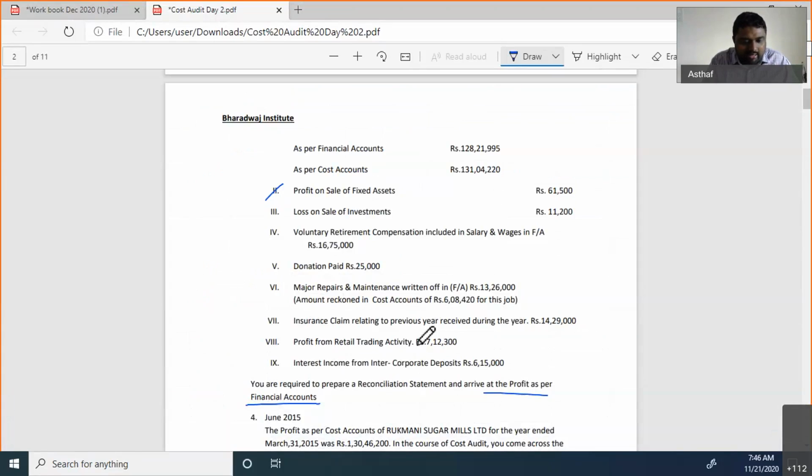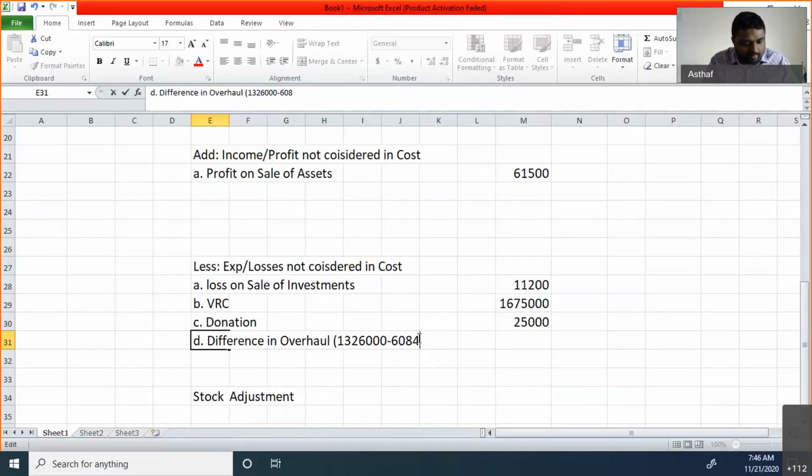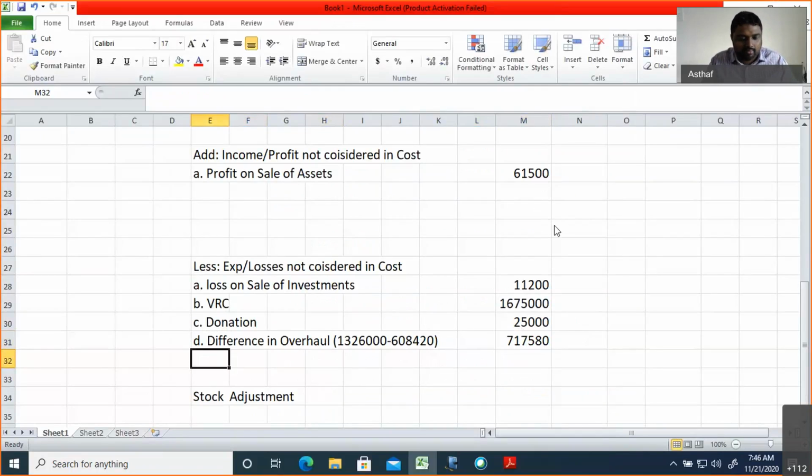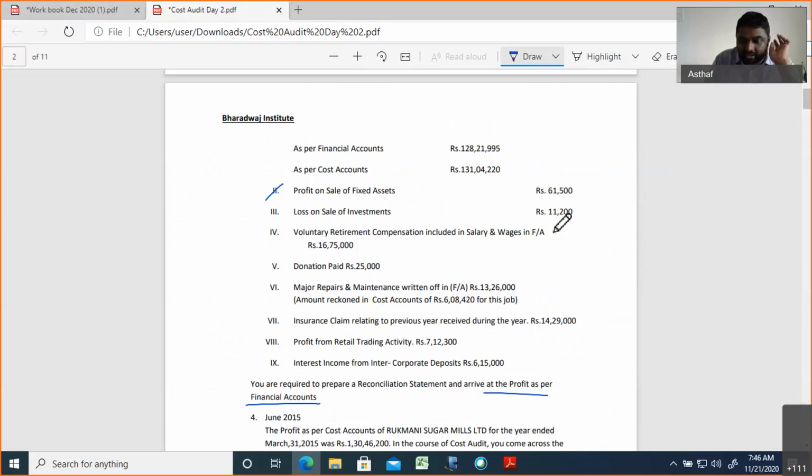Six lakh 8,420. Thirteen lakh 26,000 minus 6 lakh 8,420. What is the next item? See, look here. Most of the items we have considered. Insurance claim is a benefit for you.